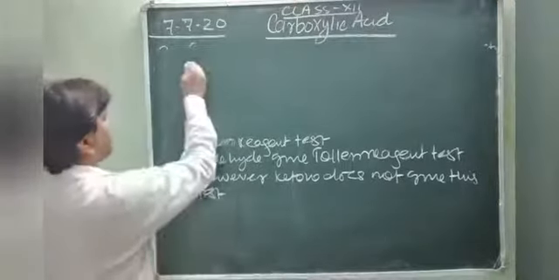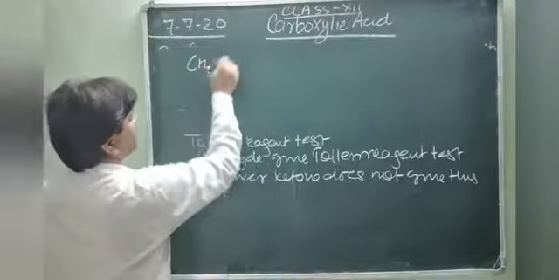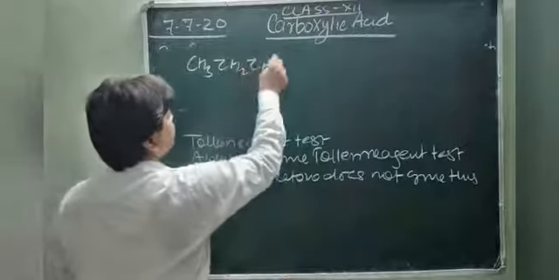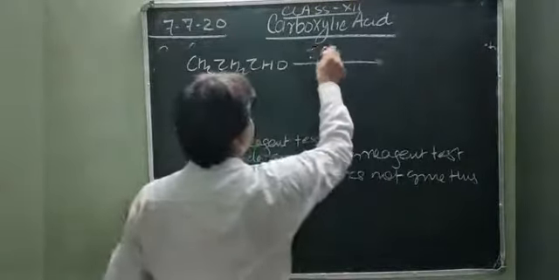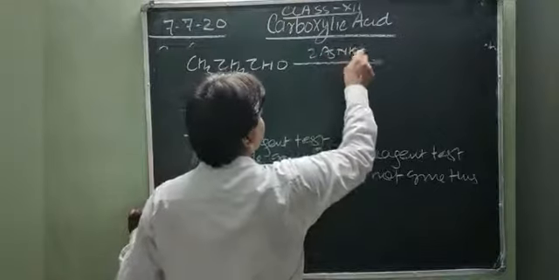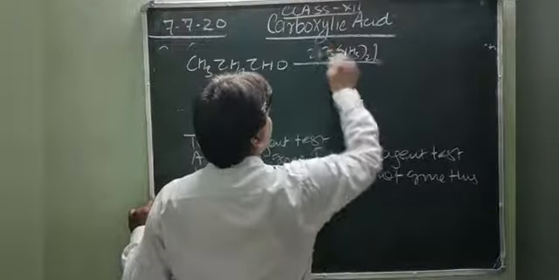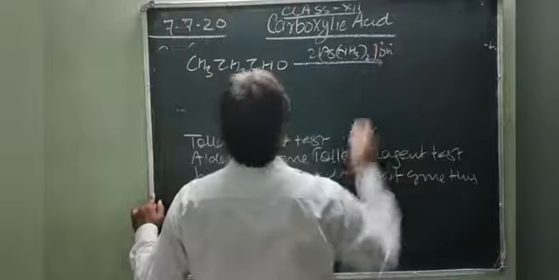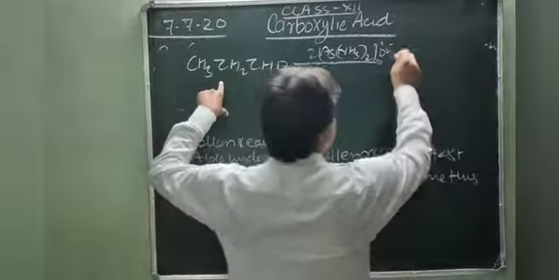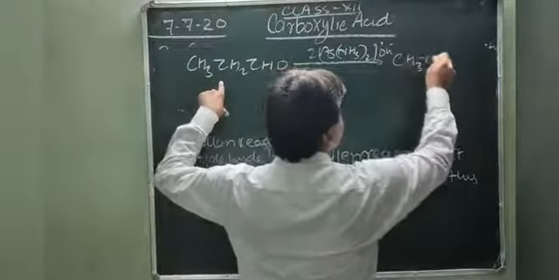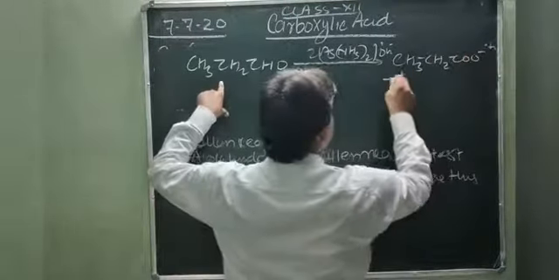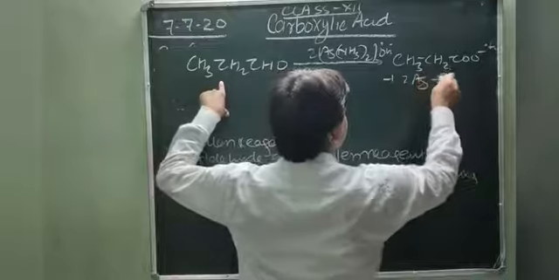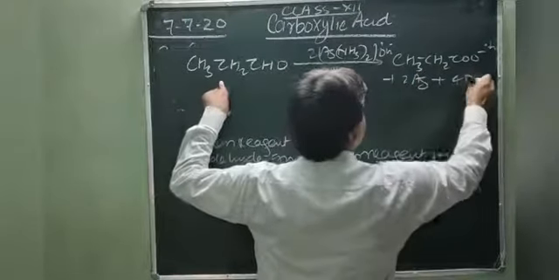propanal, an aldehyde, CH3CH2CHO, when treated with Tollens reagent, [Ag(NH3)2]+ and OH minus, converts into the salt CH3CH2COO minus plus 2Ag plus 4NH3.